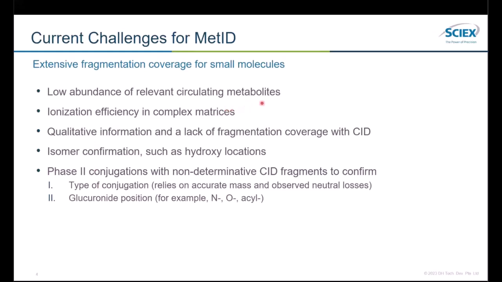When the drugs are exposed to the media or to the body, multiple metabolites are formed, the concentrations of those metabolites vary, and it is very hard to generate good MS/MS spectra for low abundant metabolites. And second is the ionization efficiency in complex matrices. This is usually taken care of by LC separations, but that leads to really longer run times.